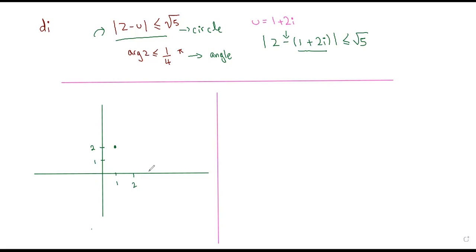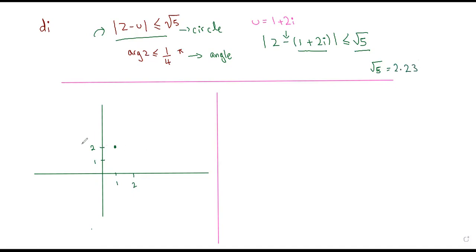And this used to be what? The radius. Okay, so the value of root 5 is 2.23.